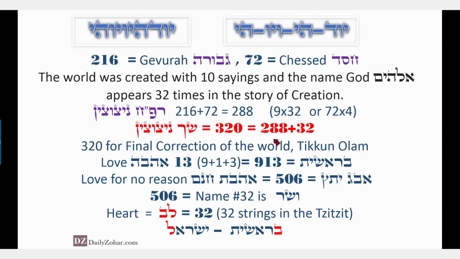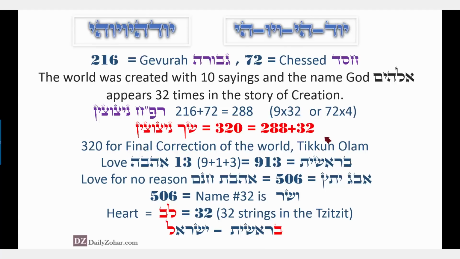But generally, we need to look at this number as the world of Tikkun. And another aspect of 288 is that 72 times 4 is also 288. The 72, and for each world, okay? Because every world has its own set of worlds.